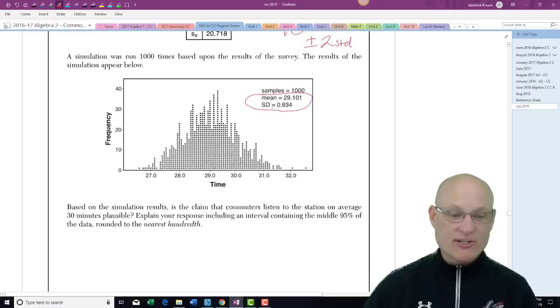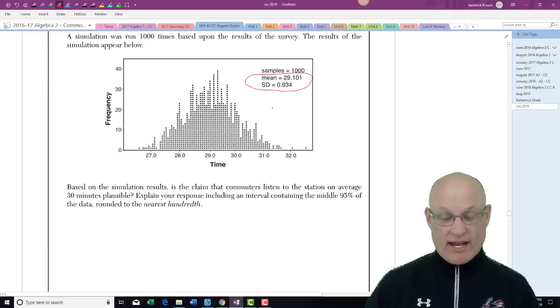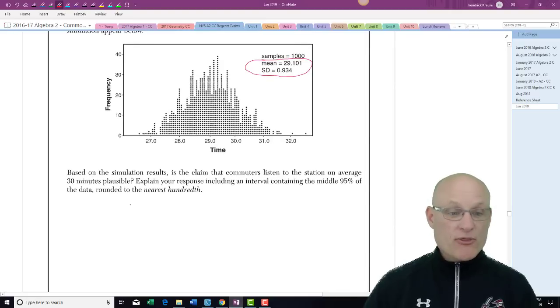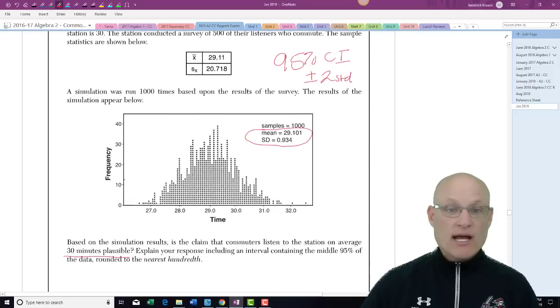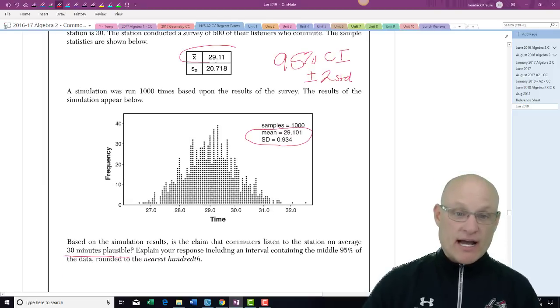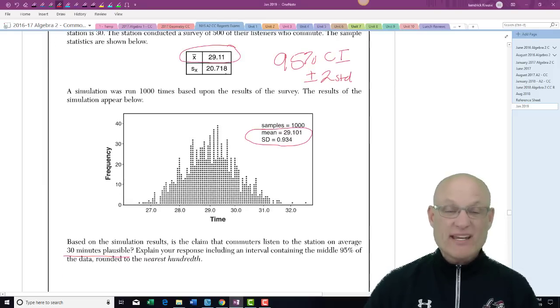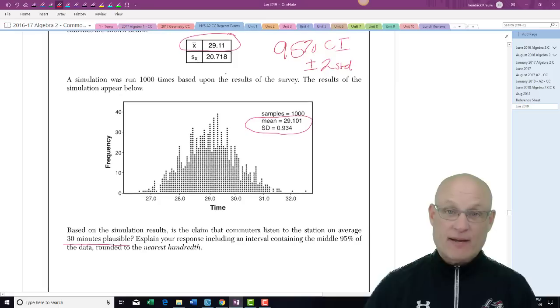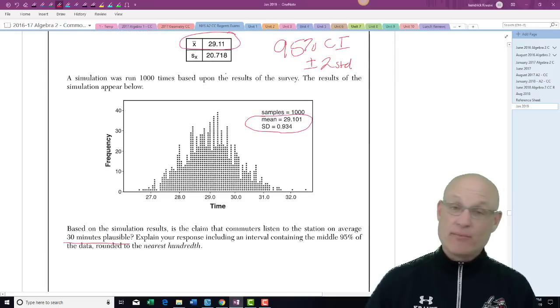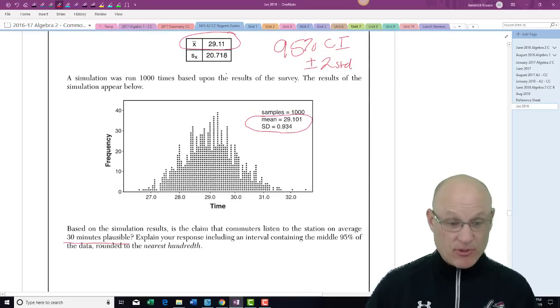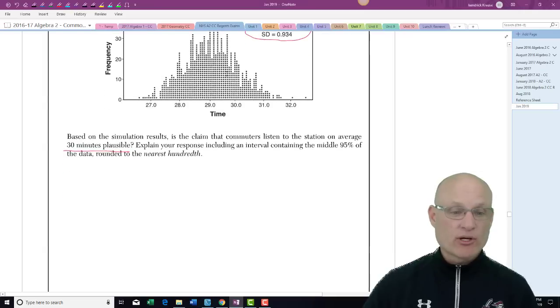So, based on this simulation of these results and all the data done, would 30 minutes be a plausible outcome? Now, remember, our mean is 29. All right, so all we got to do is figure out what the 95% confidence interval is, and if 30 minutes is in there, it's a plausible outcome. So the first thing we're going to do is find that.